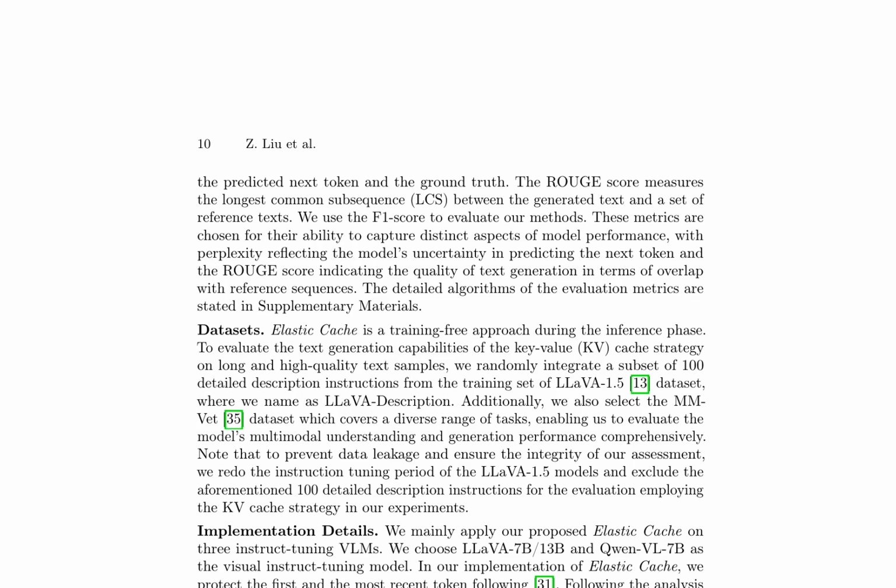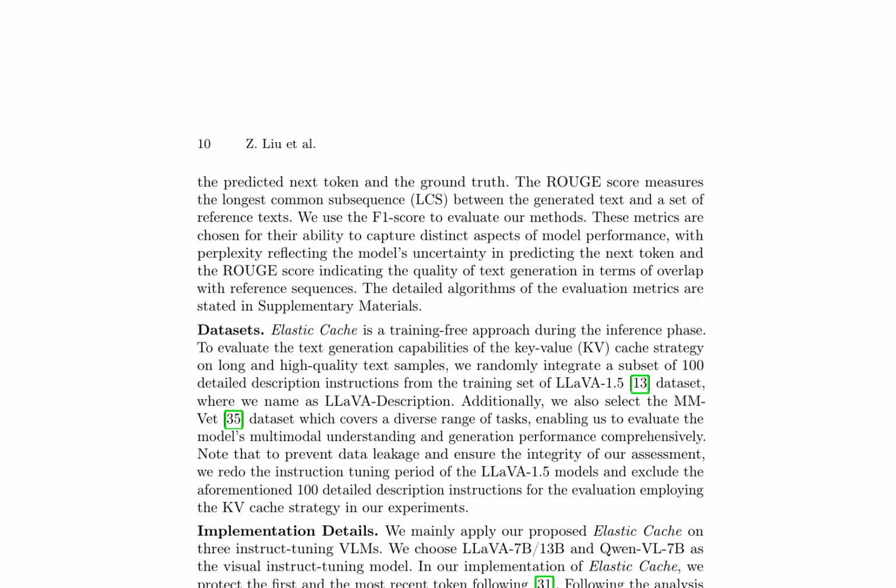The proposed elastic cache approach is evaluated using three distinct metrics: perplexity, Rouge score, and F1 score. These metrics capture various aspects of model performance, including uncertainty in predicting the next token and quality of text generation. Perplexity reflects the model's uncertainty, while Rouge score indicates the quality of generated text in terms of overlap with reference sequences.